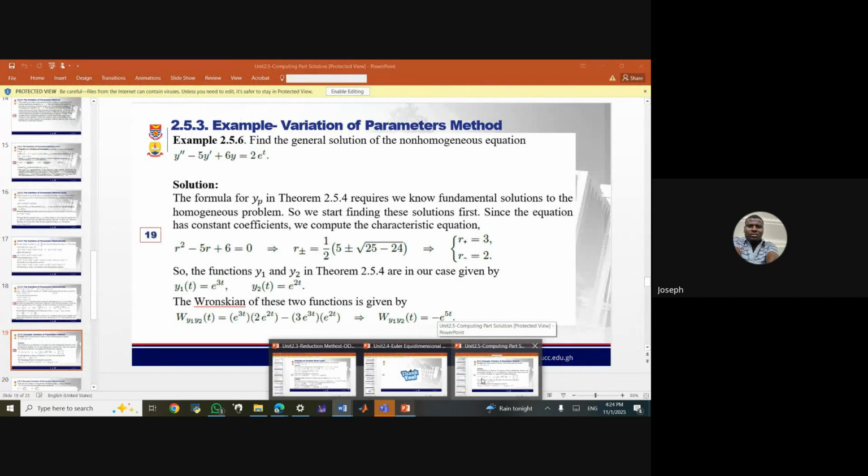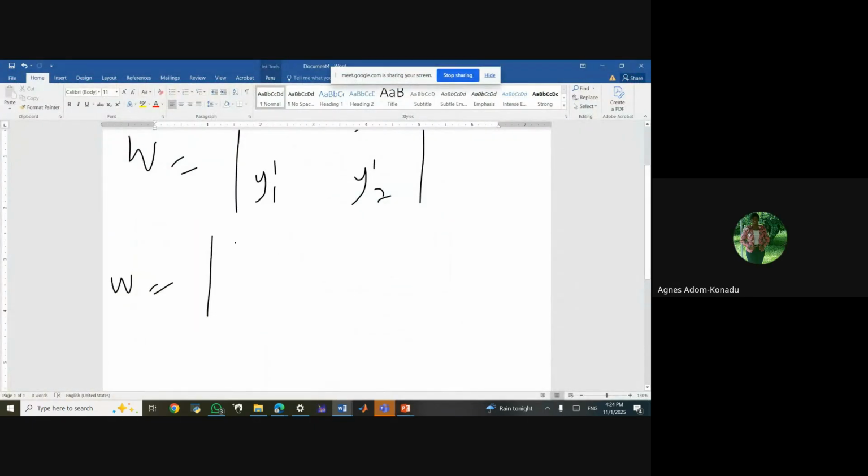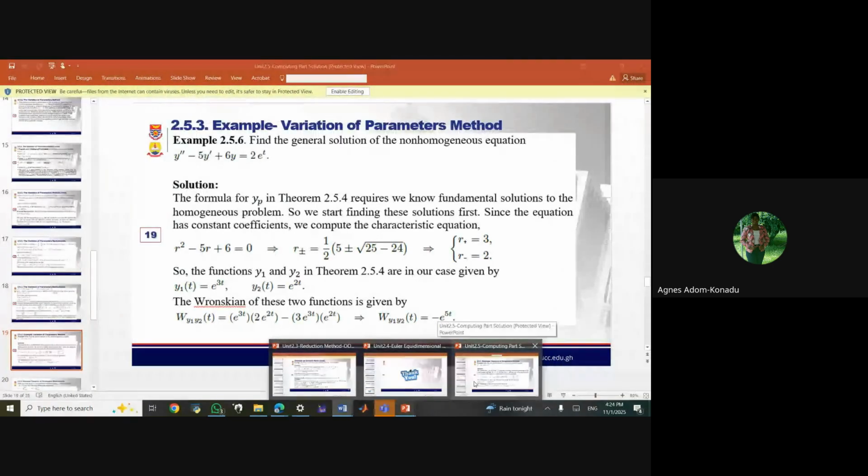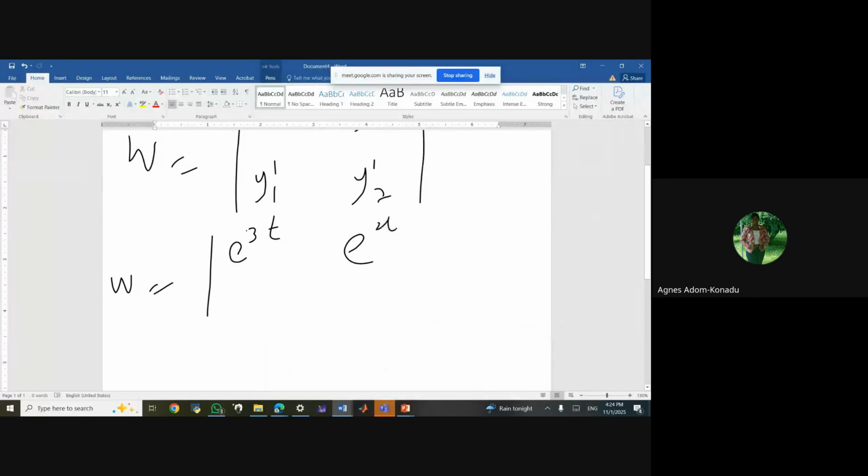So y1 is e to the power 3t and y2 is e to the power 2t. Let's find the derivatives: the derivative of y1 gives 3 e to the power 3t, and the derivative of y2 gives 2 e to the power 2t.